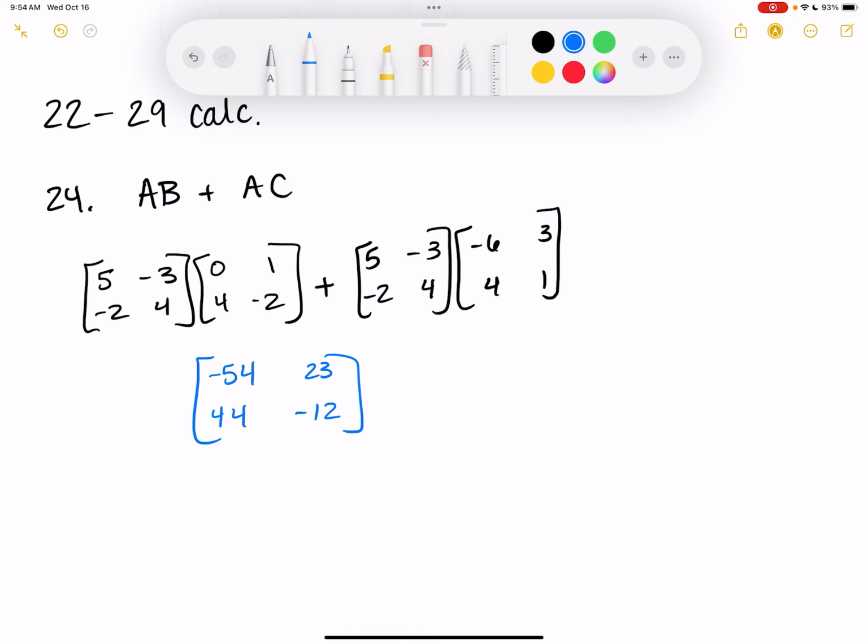Now, again, I'm going to reiterate what I said yesterday, because I know inevitably somebody's going to come up to me during the quiz and say, my calculator's not working. It's going to say dimension mismatch. What does that mean? Check your work. That means your dimensions weren't right, so when you go to multiply them, it's not going to work.